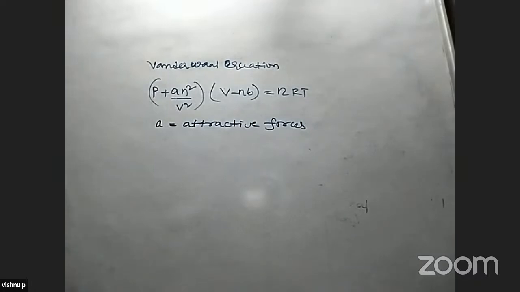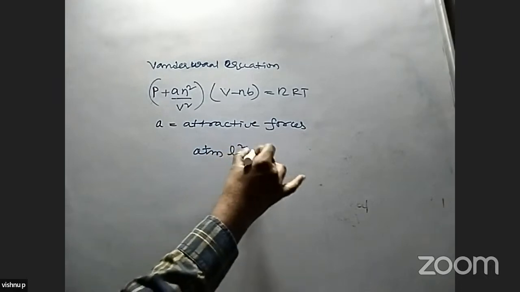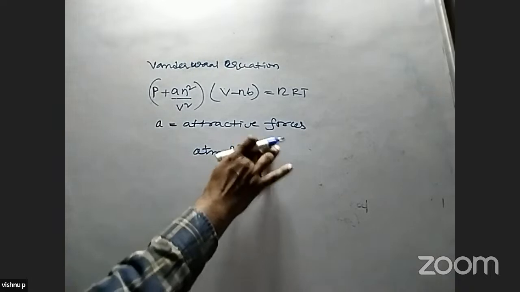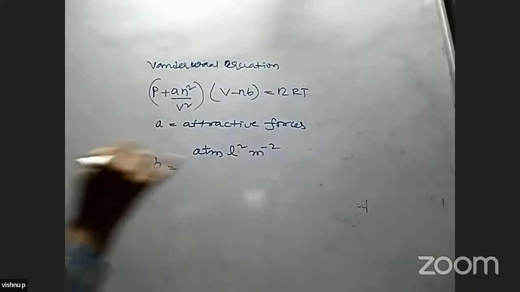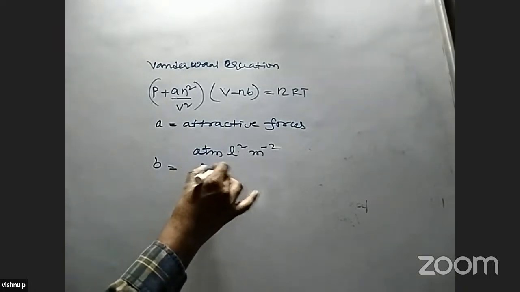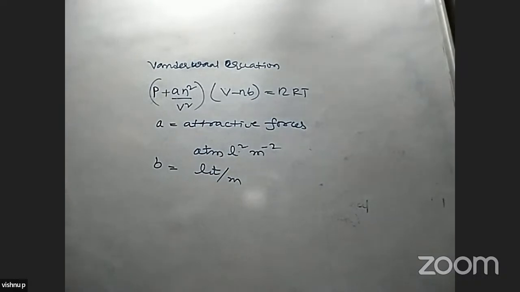The units of A are atm L² mol⁻². B is the excluded volume, which is not available, and its units are liter per mole.